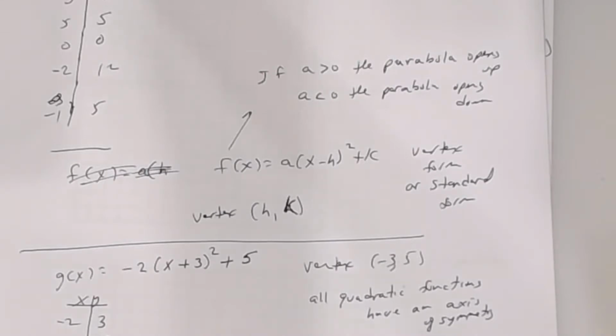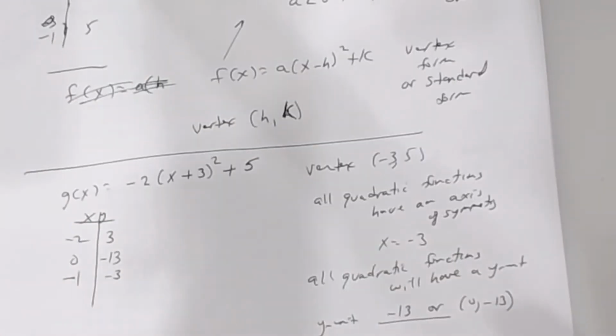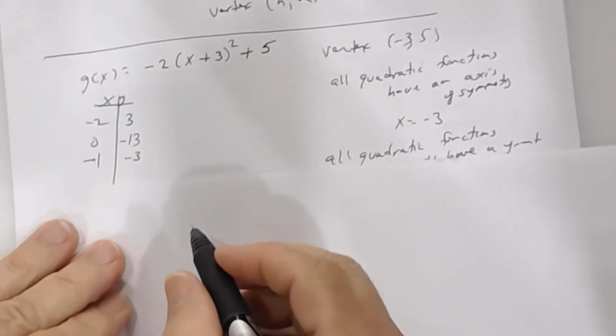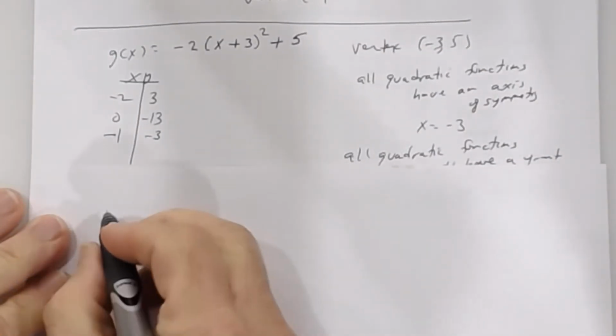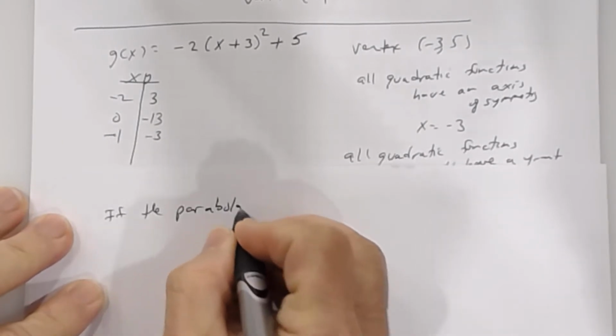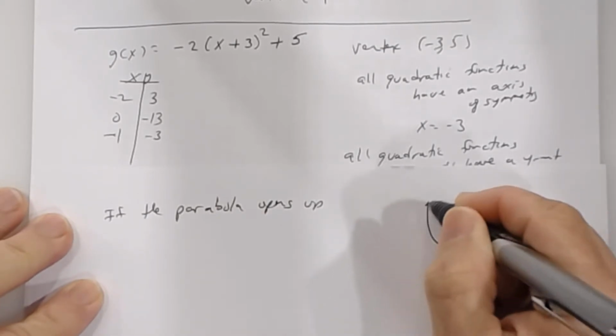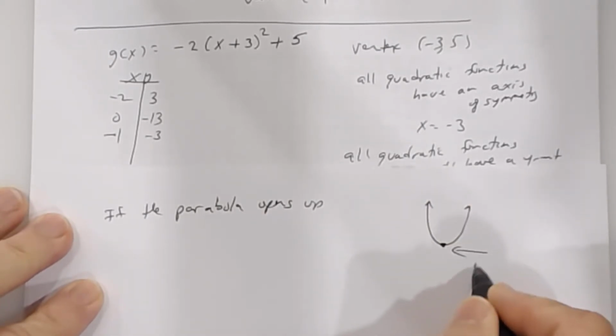So if the parabola opens up, then we're going to have a relative minimum. If the parabola opens up, we have a relative minimum. Let me go ahead and write that here. So if the parabola opens up, it kind of makes sense because if you look at it, this vertex is going to be a relative what?